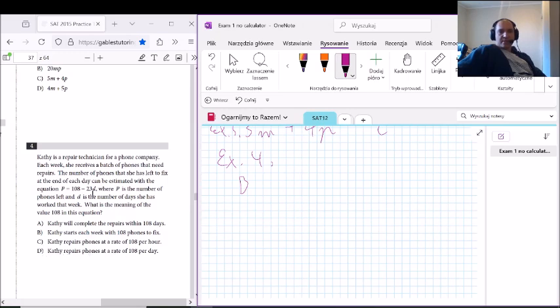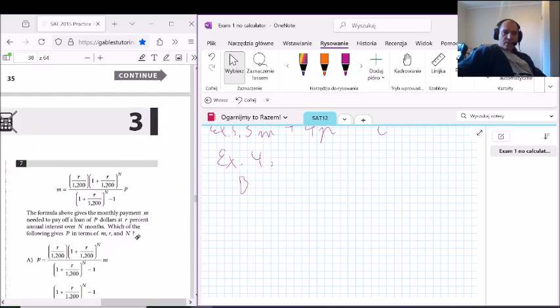D would be right if the formula was 108 minus 108 times D. For C, it would be more like 108 minus 108 times D times H, where H is the number of hours worked every day. Then C would be right. B is the right answer here. So exercise 4, answer B.